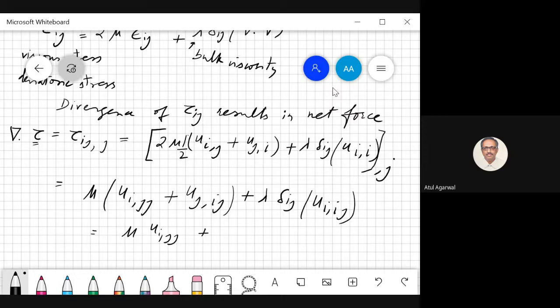If you make i equal to j, then what happens? Delta ij multiplication means you have to just equate i and j.